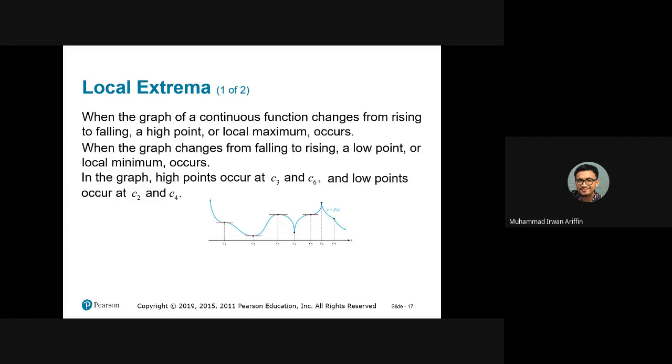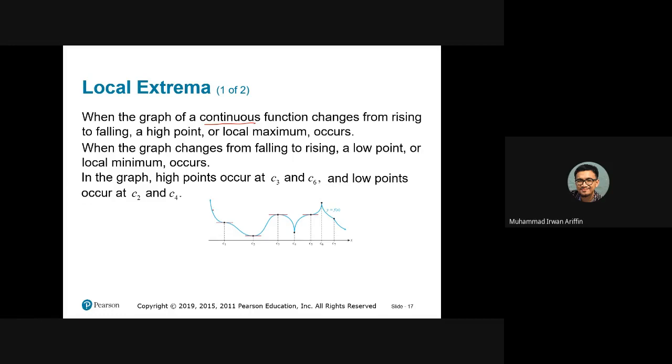Now, these are examples of high points and low points. First of all, check that all these graphs are continuous. No problem with these functions; they are continuous all the way. We don't have to lift our pencil when we draw the graph.